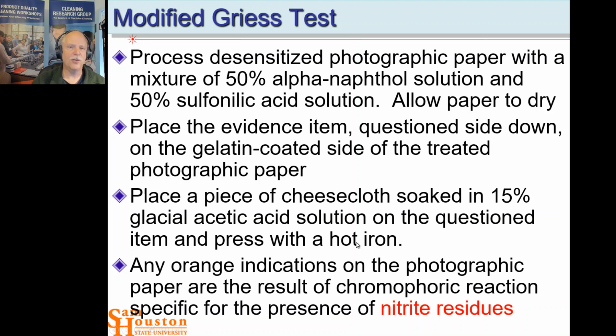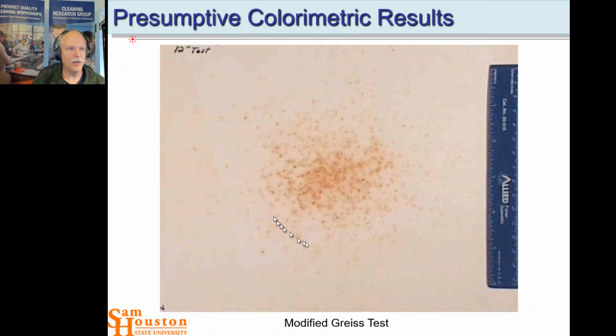And so this transfers the gunshot residue over onto the photographic paper and creates a reaction that indicates the presence of nitrite residues. And so here's that photographic paper that is showing the color change related to the nitrites.